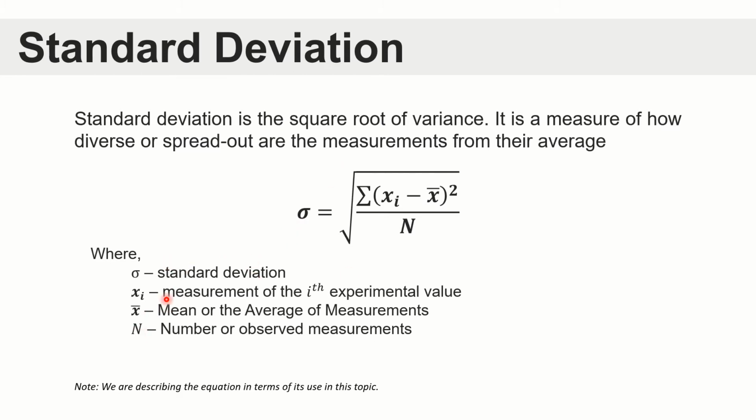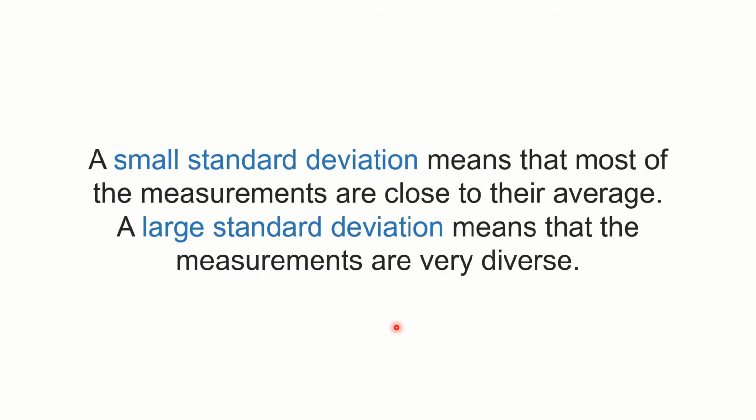Omega is the symbol for standard deviation. x sub i is the measurement of the ith experimental value, x bar is the mean, and n is the number of observed measurements. A small standard deviation means that most of the measurements are close to their average, while a large standard deviation means that the measurements are very diverse, or your data points are far away from the mean or the average of all the measurements.